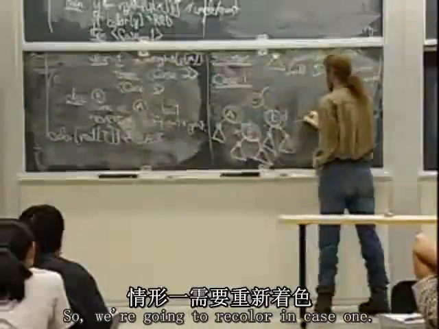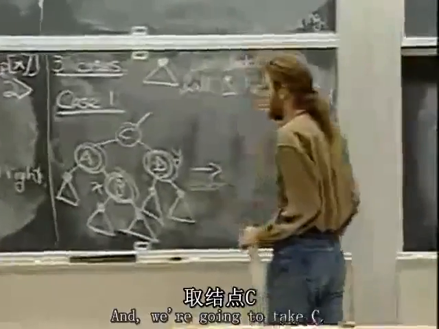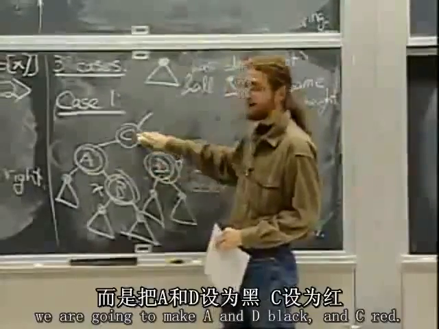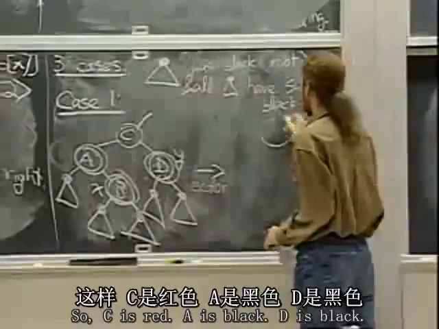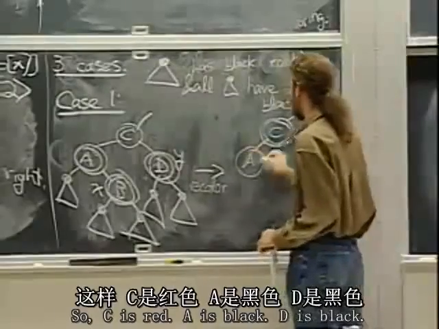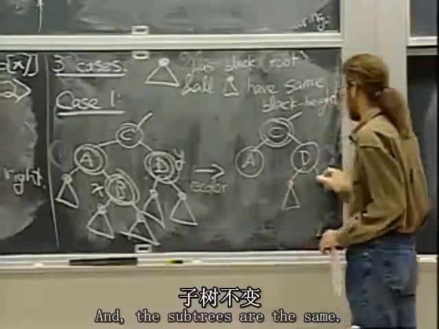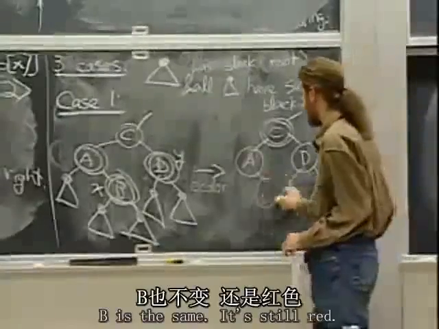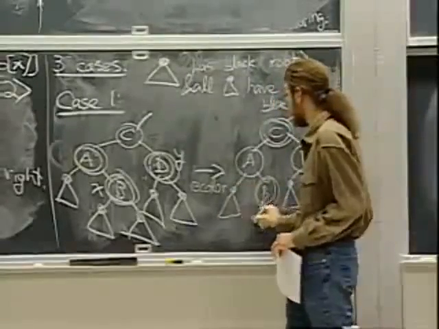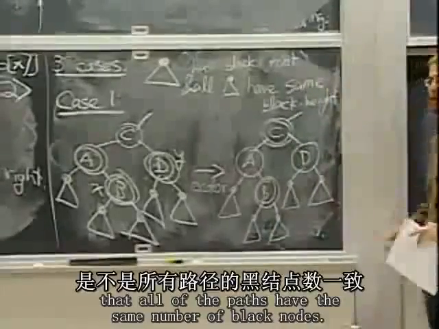So we're going to recolor in case 1. Instead of making C black and A and D red, we're going to make A and D black and C red. So C is red, A is black, D is black, and the subtrees are the same. B is the same, still red. Now we need to check that we preserve property 4, that all of the paths have the same number of black nodes.